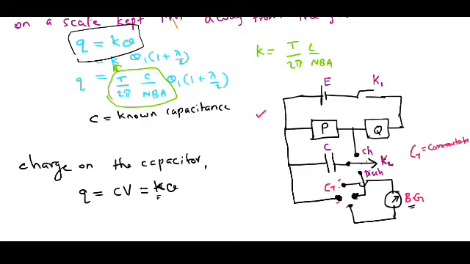What is this V? This V is the potential difference across the capacitor C.